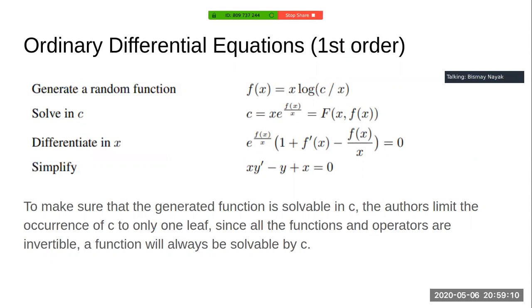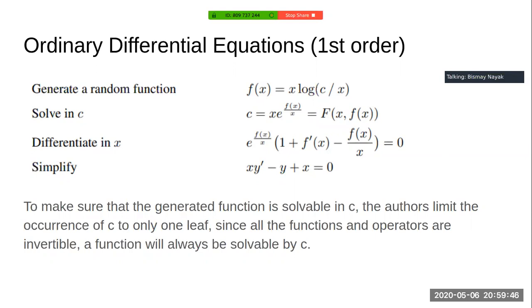After that, we have ordinary differential equations of first order and second order. Generating the data set for these two kinds of problems is fairly simple. We know that the solutions for these problems are usually functions. So we generate a function that will be the solution for the problem, and the random function should be a function of x and c, a constant for which the function should be solvable.